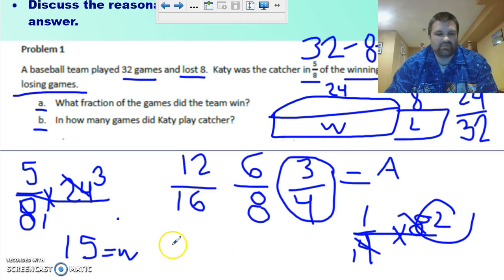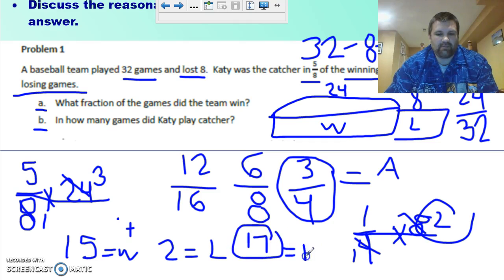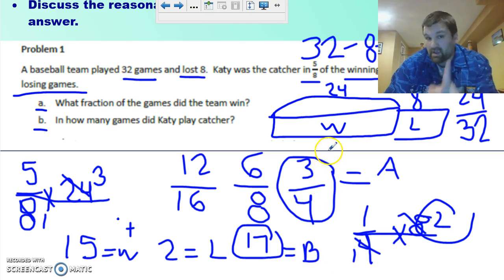So now we just need to add 15 and 2, which is 17. That is your answer for B. So, what fraction of the games did the team win? They won 3/4. How many did they lose? What fraction?